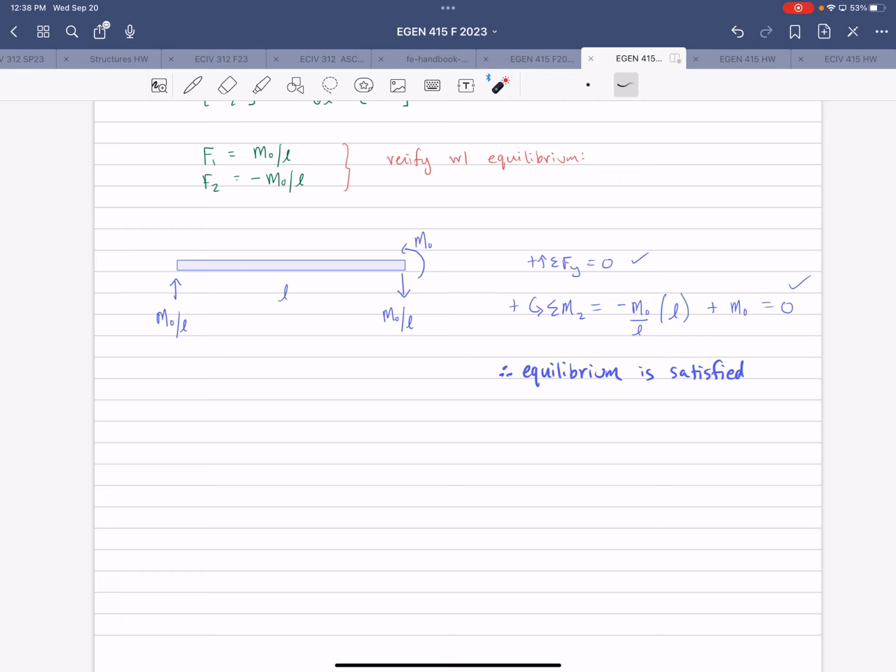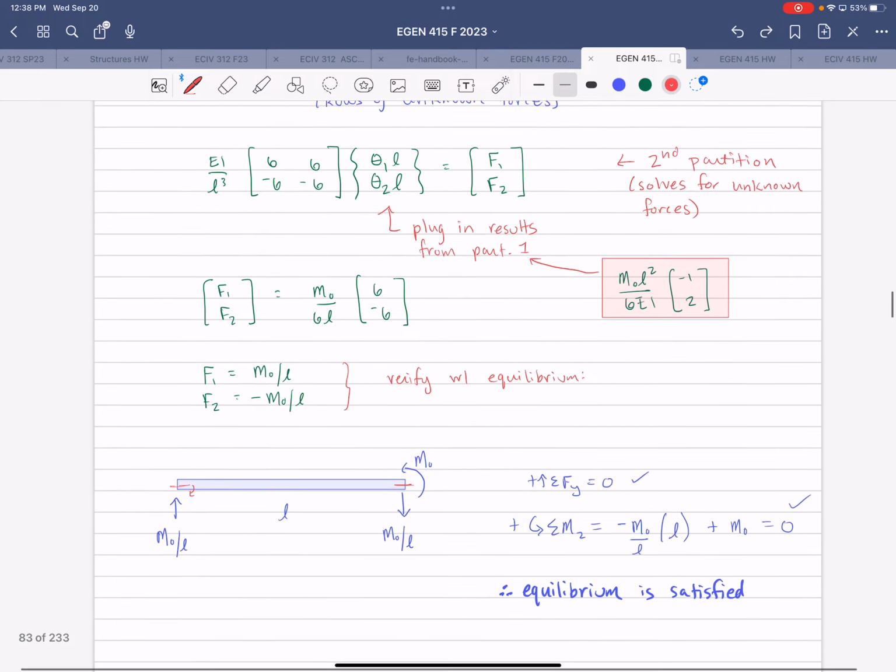All right, so gut check, that makes sense since node 2 is where the moment is applied. And also, the rotations at the two nodes are in opposite directions, which also makes sense given the configuration of the beam, right? So a negative rotation at node 1 would be a clockwise rotation, and a positive rotation at node 2 would be a counterclockwise rotation.